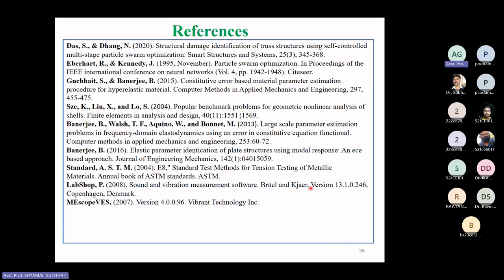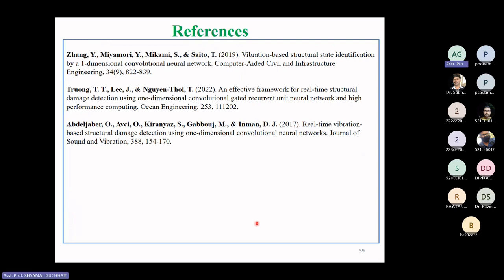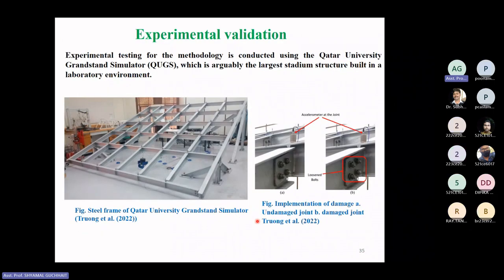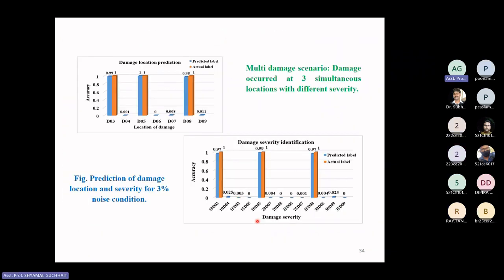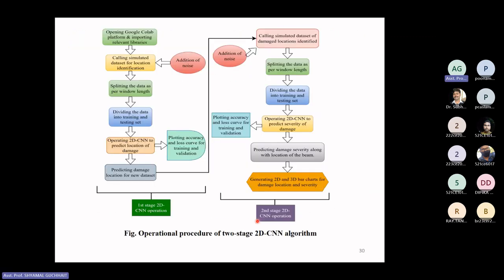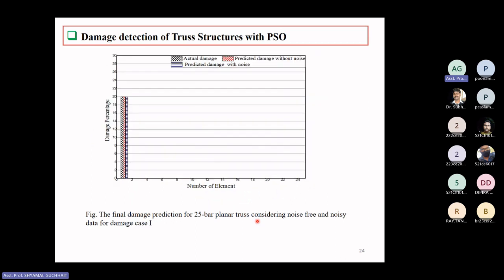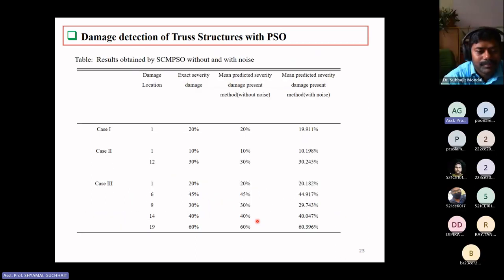Lastly, these are the references. I have discussed the paper by Das and Hang et al. in detail. This is all about the presentation on structural damage detection using AI. We discussed many procedures, starting from gradient based techniques, then the error in constitutive equation based approach.